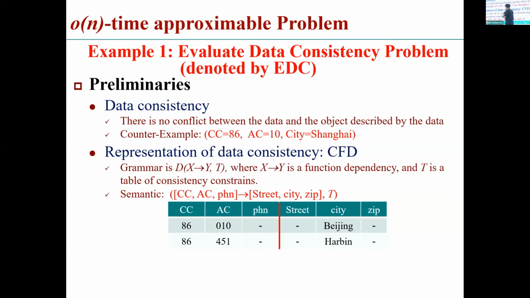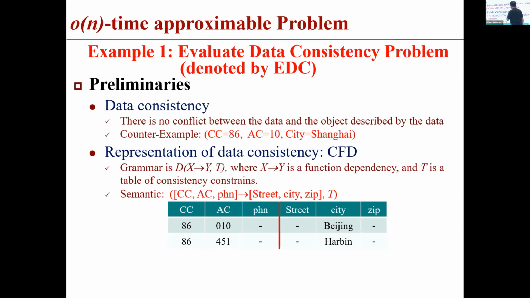So this means this attribute depends on the country code, area code and the telephone number. So the table shows constraints. The first row tells us if country code is 86 and area code is 010, the city must be Beijing. If the country code is 86 and the area code is 451, the city must be Harbin.